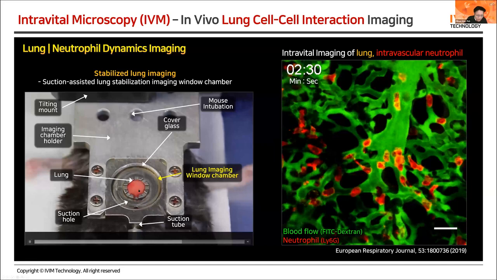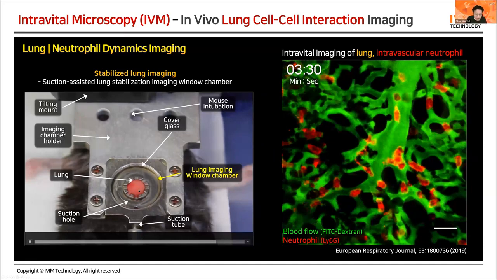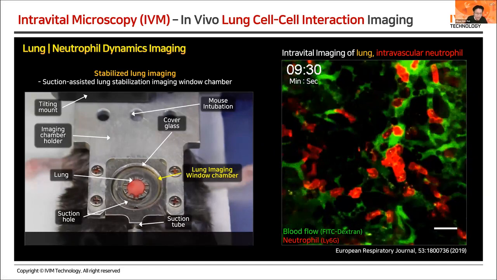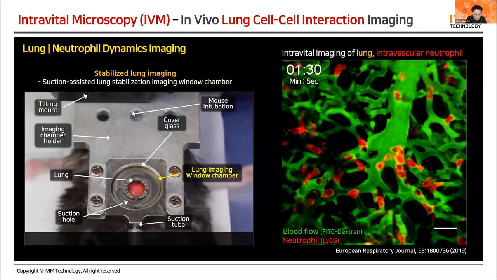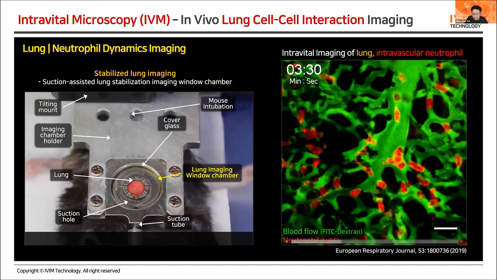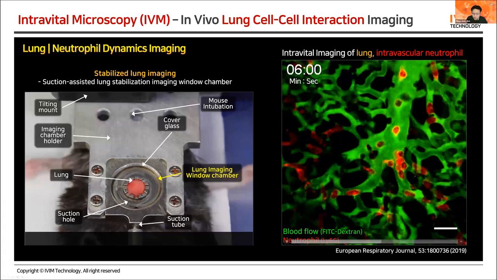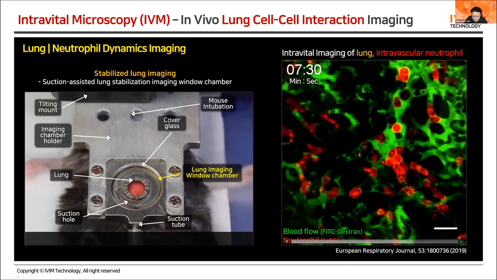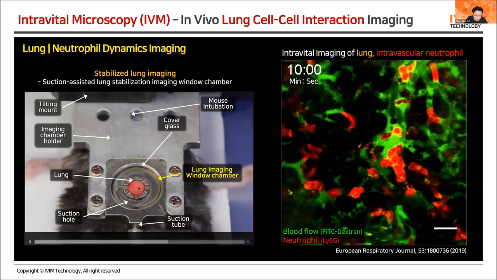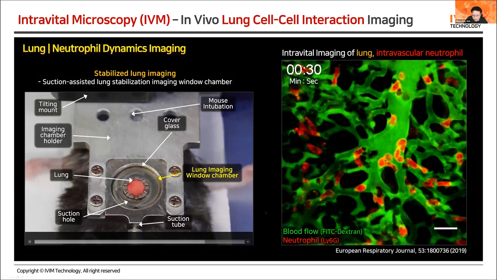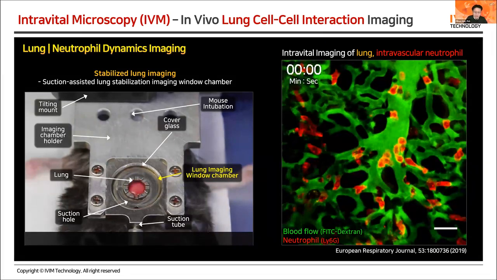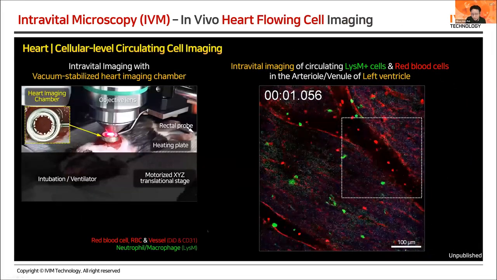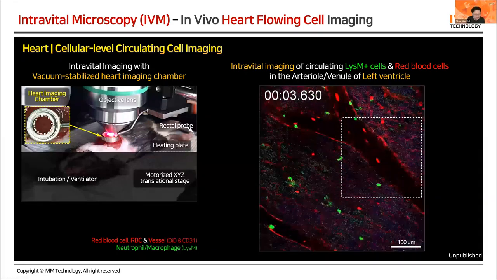By doing that, we can stabilize the lung of the live mouse model. After this stabilization, we can take high-resolution microscopic images from the lung of this mouse model. We can apply the same principle to other organs like the heart.